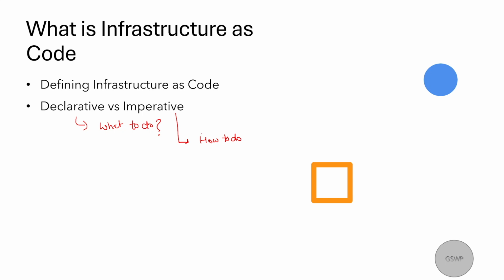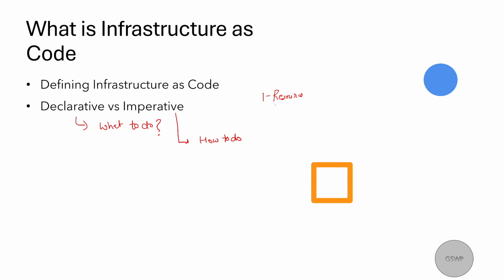Now let's take an example: having food. Sometimes we prepare food at home and sometimes we order food from outside. Whenever we prepare food at home, we have to know what we are going to prepare. So we have all the resources for it.